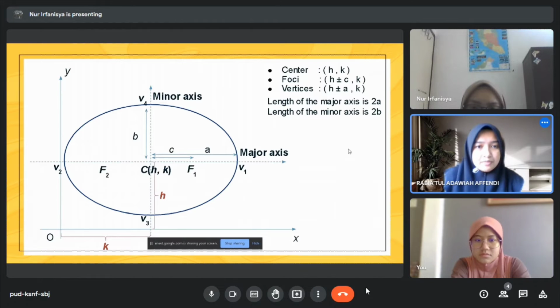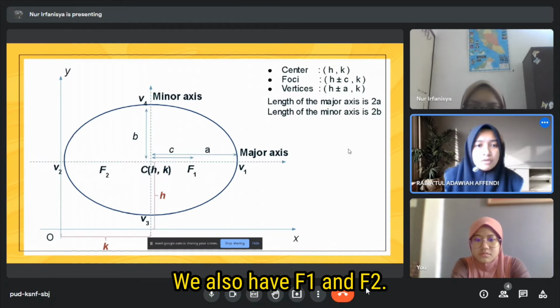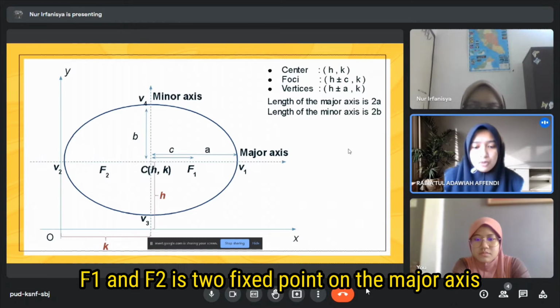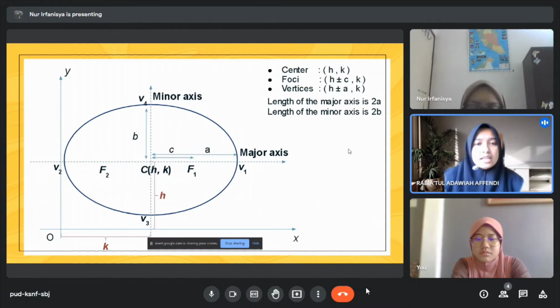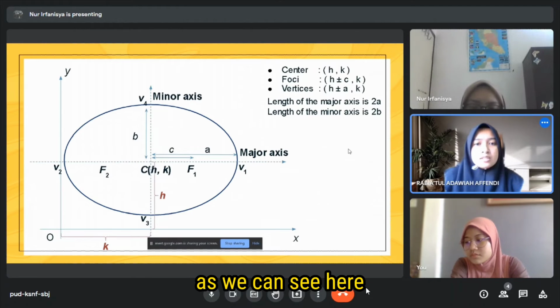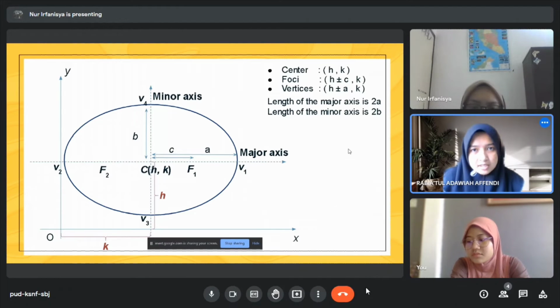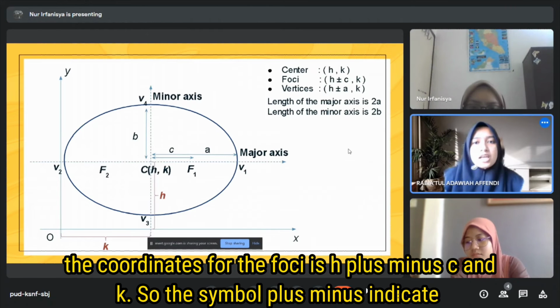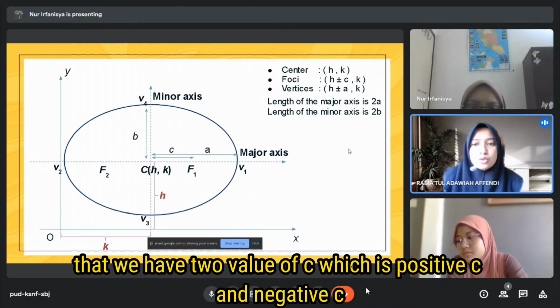We also have the foci, F1 and F2, which are two fixed points on the major axis. The coordinates of the foci are (h ± c, k). The plus-minus symbol indicates two values of c, positive c and negative c.